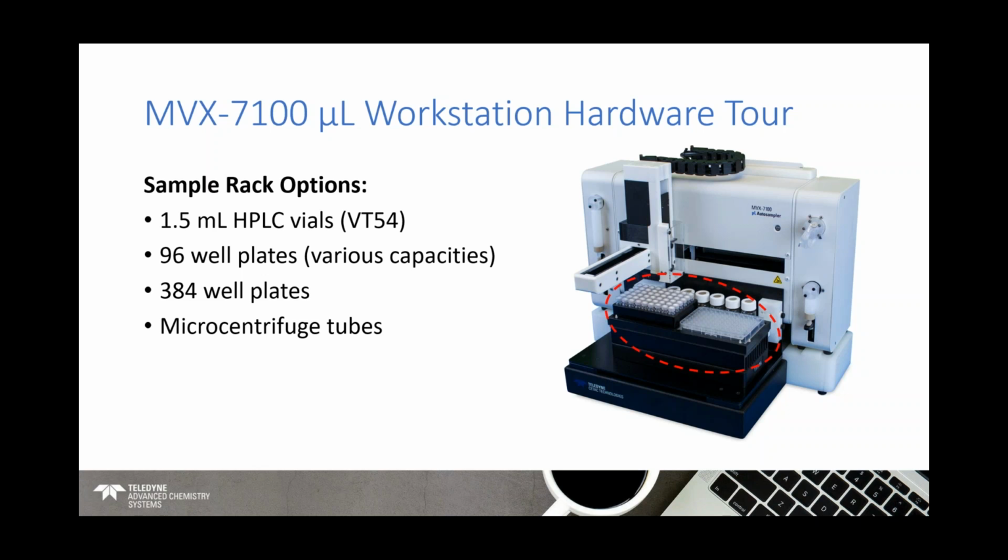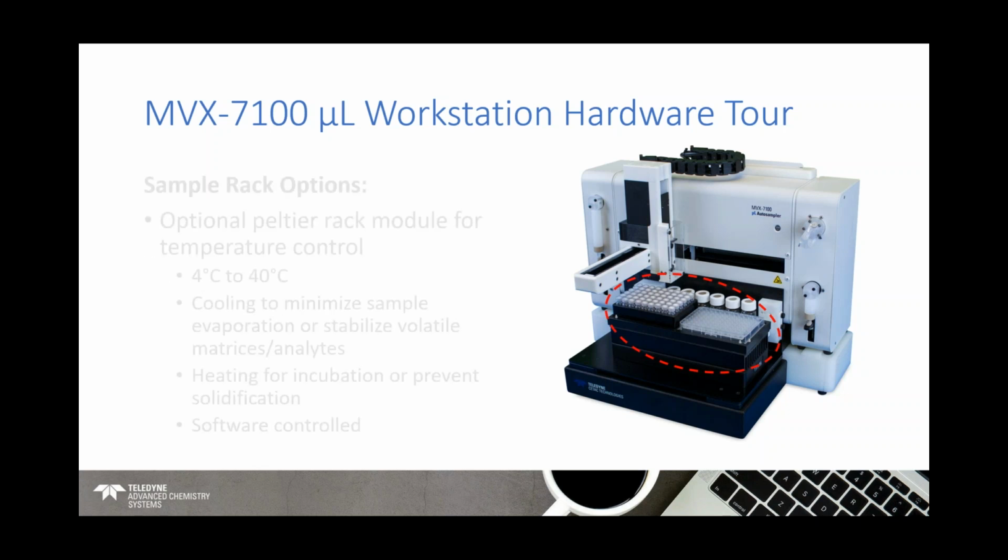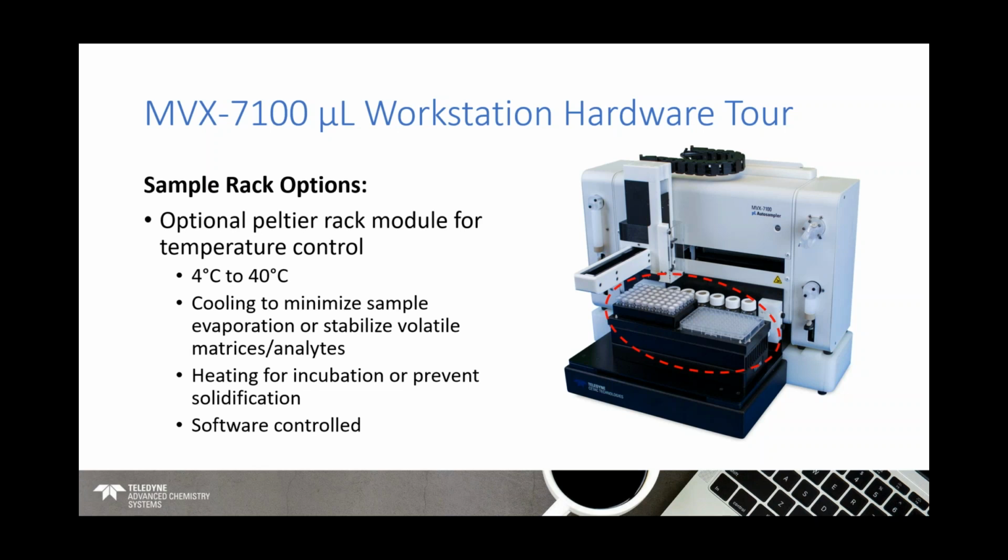Also on sample racks, you've got the opportunity for temperature control. So there's an optional temperature control module here, a Peltier rack module, which can sit underneath the sample racks or the well plates and provide temperature control down to 4 degrees C or up to 40 degrees C, and anything in between.